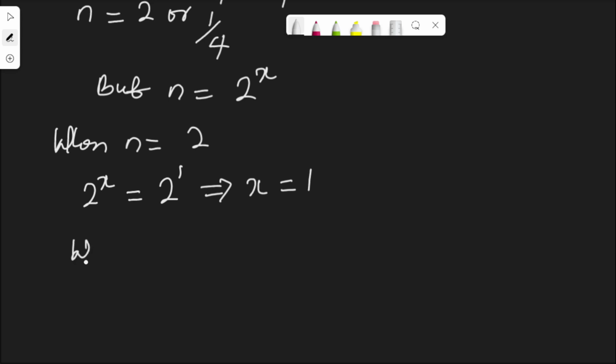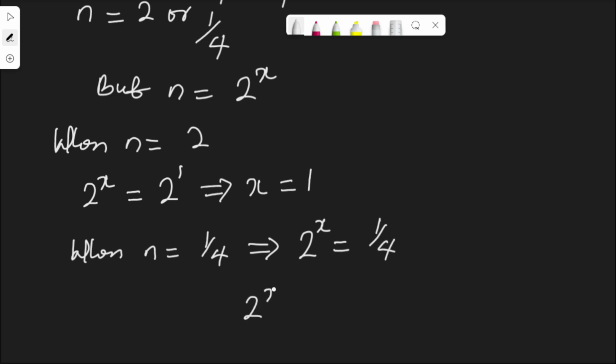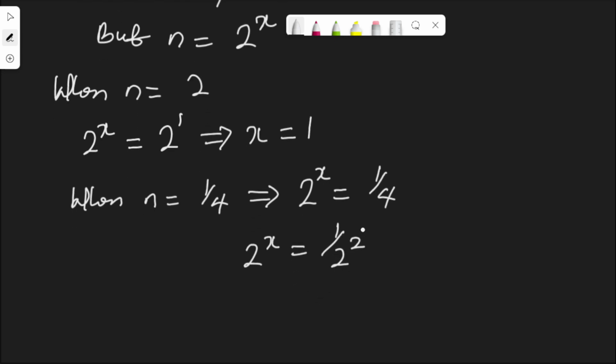Again, when n is equal to 1 over 4, that means 2 to the power of x is equal to 1 over 4. And that you can write as 2 to the power of x is equal to 1 over 2 to the power of 2. Expressing this as a negative index, that will be 2 to the power of negative 2.